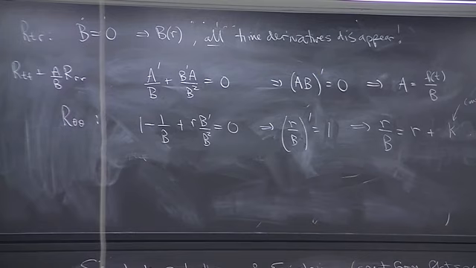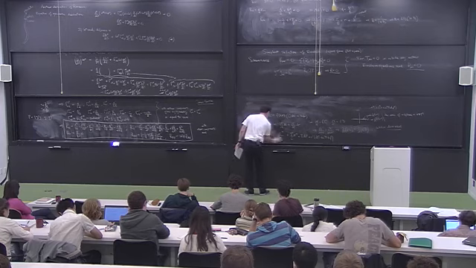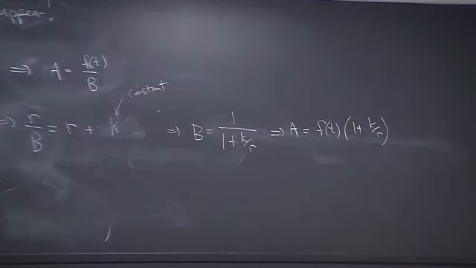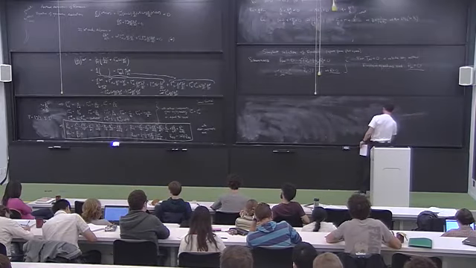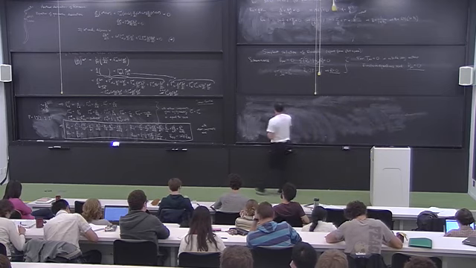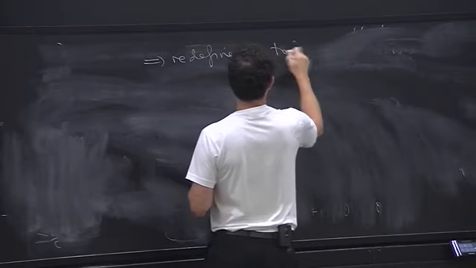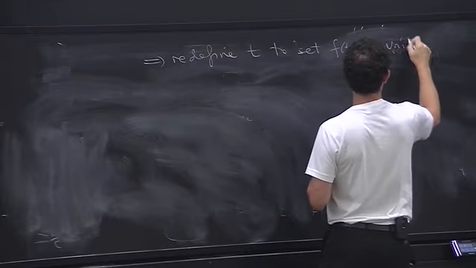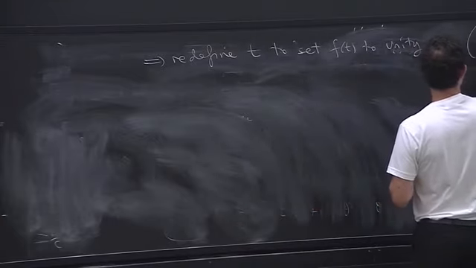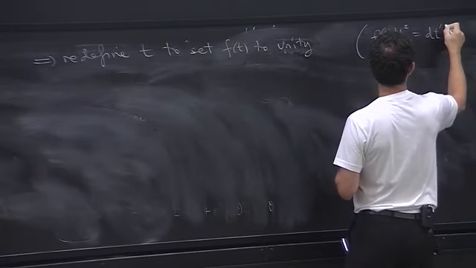Okay, so we have this metric which has f of t dt squared. And we can redefine the time to set f equals 1. That just means that I'm setting f of t dt squared to be equal to dt prime squared.